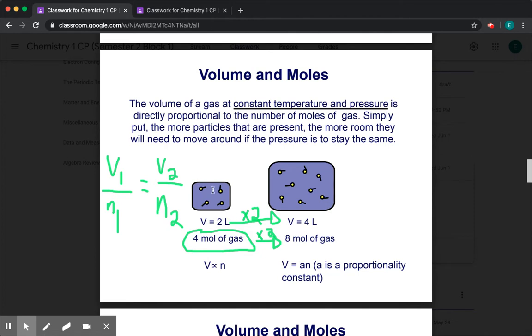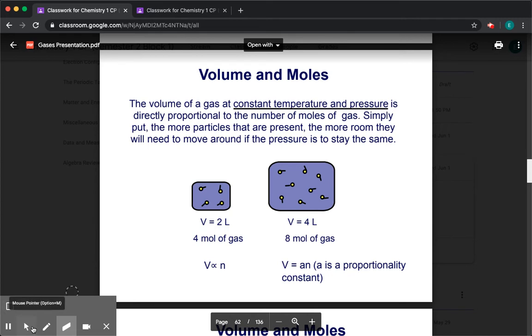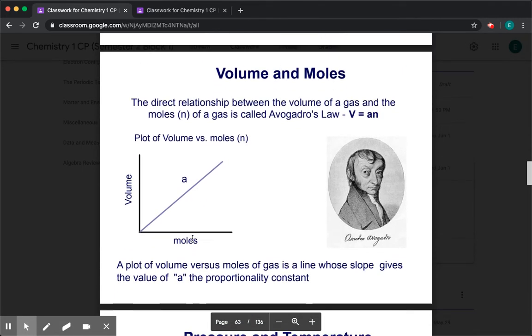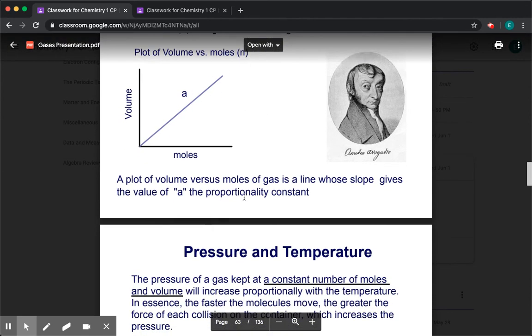That's how we find what the new change is. So that's Avogadro's law. As moles go up, volume goes up, and vice versa. They have a little graph here: moles go up, volume goes up.